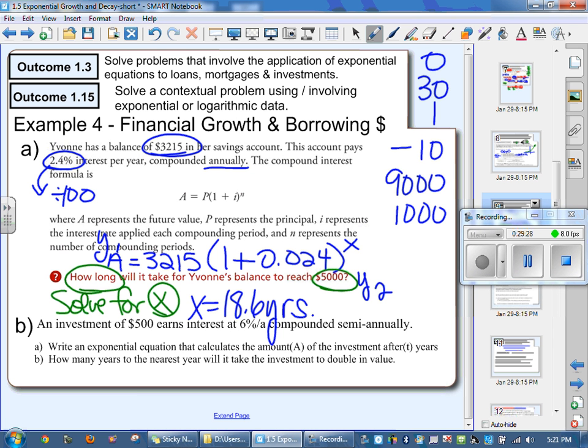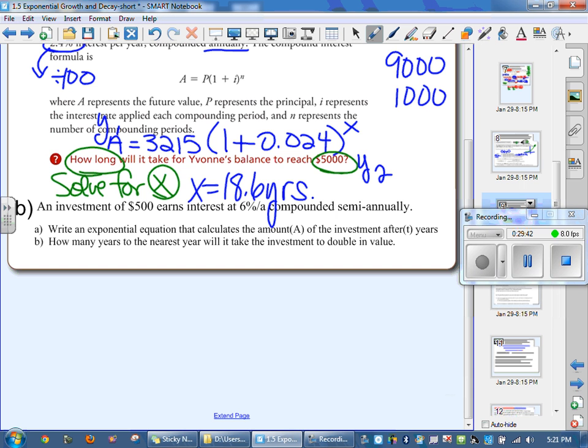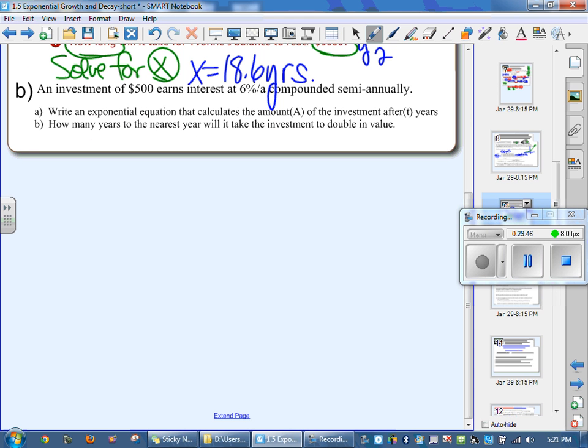Okay, let's take a look at B. B says an investment of $500 earns interest now 6%, but we're compounding semi-annually. Semi-annually means 2 times per year. So that means what I have to do to I, I'm going to divide I by 2. And my n, I would have to times n by 2.